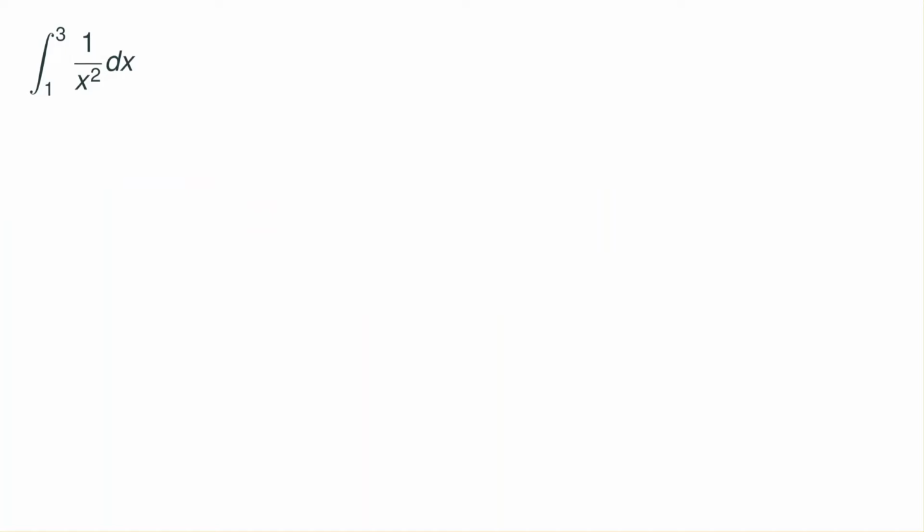For this definite integral, first we need to find the antiderivative. So let's rewrite this as x to the negative 2 power. Then we can apply the reverse of the power rule. So when we take the antiderivative, we get x to the negative 2 plus 1, divided by negative 2 plus 1.